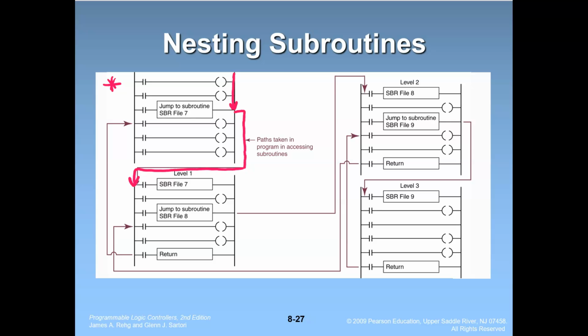So here the program will be executed until we reach the subroutine jump. If this subroutine jump is active, the scanner will jump to file 8, which has another subroutine, and you can see that here.